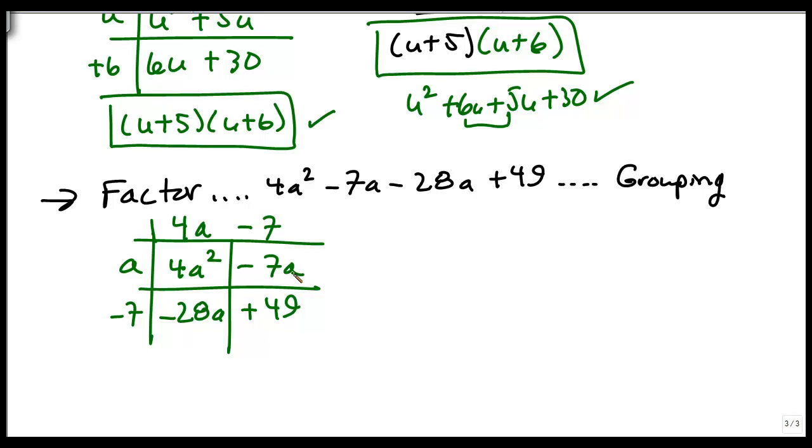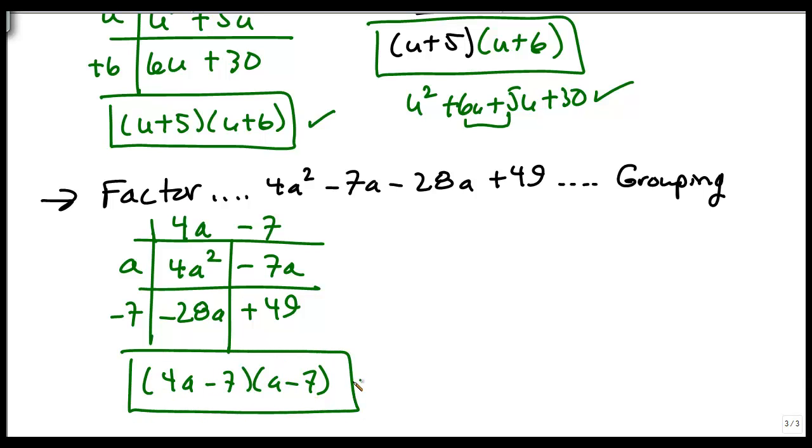I have to get a negative 7a, so I needed to factor out that negative 7. Same thing here, negative 7 times 4a is a negative 28a. Okay, and then from here, negative 7 times negative 7 is a positive 49. So I needed to make that quick correction, and I got that when I checked my work. I just ran through the table one more time and realized I made a mistake. So this is my factored form.